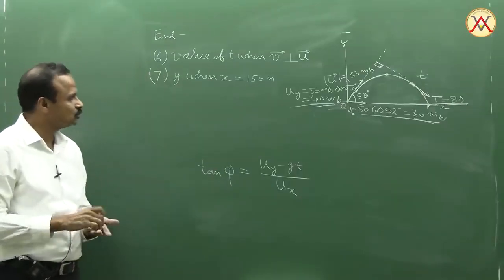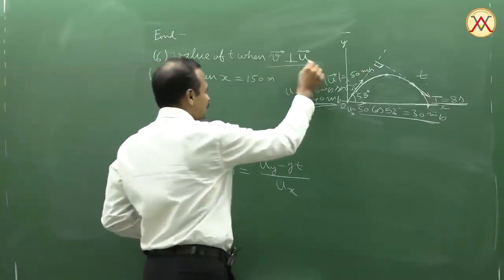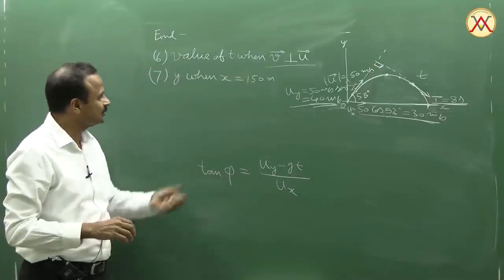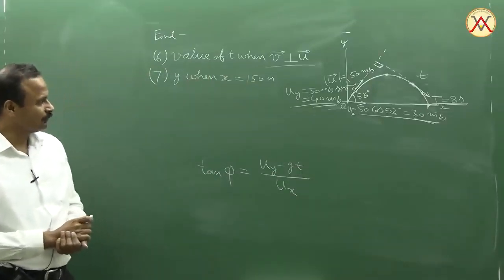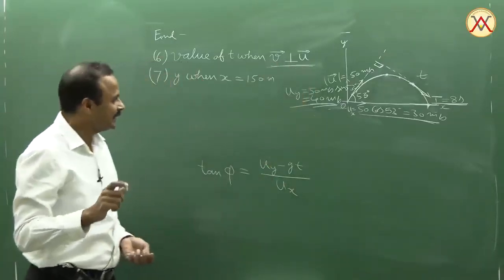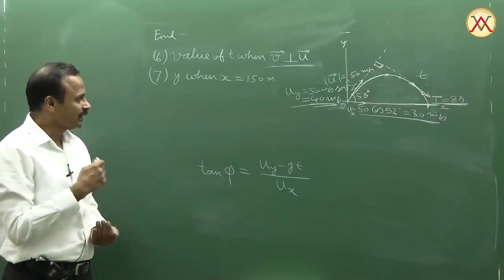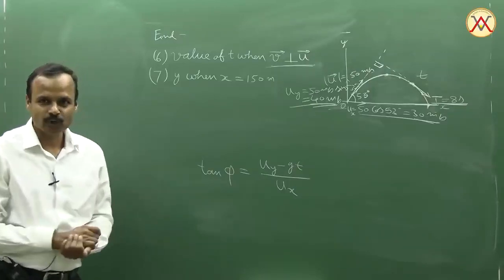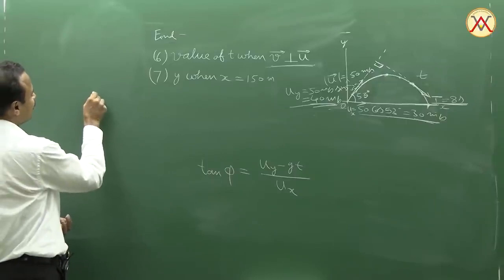So let's first do part number 6, v perpendicular to u. Now there are 2 ways in which we can solve this one. First is using the fact that when 2 vectors are perpendicular, their dot product is 0. Now if we want to do it with this approach, we must write down the v vector and the u vector.